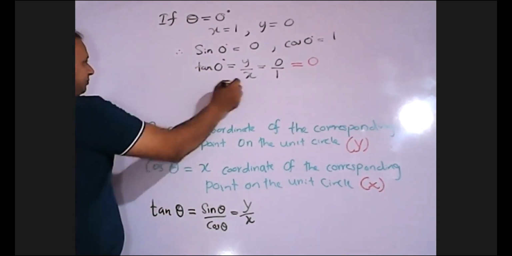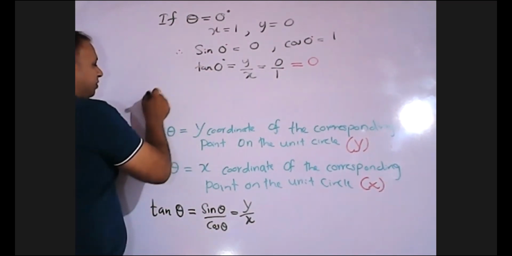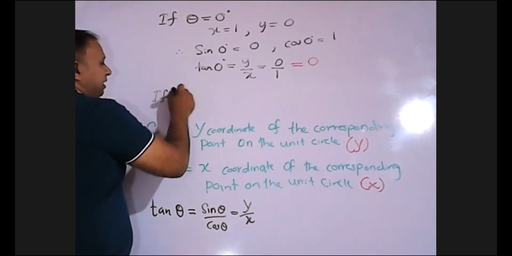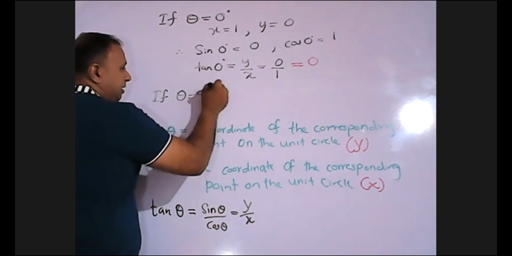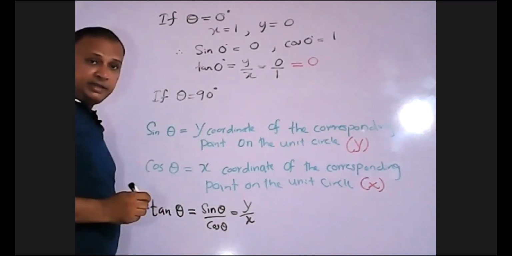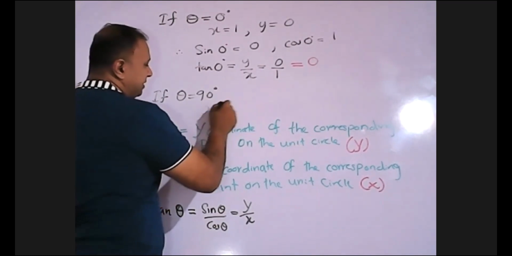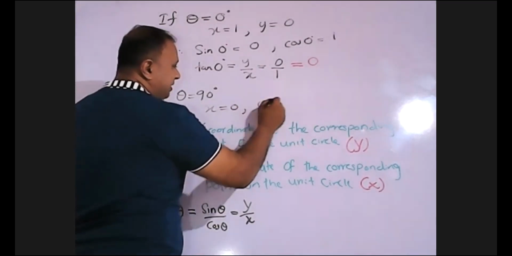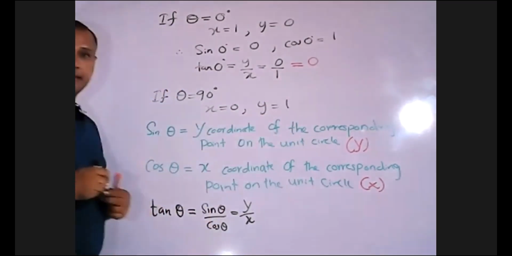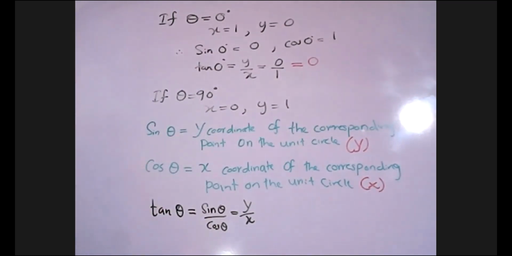Then, if theta is 90, then x is equal to 0, y is equal to 1.